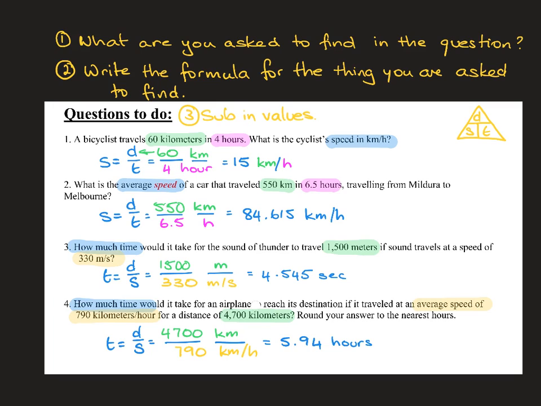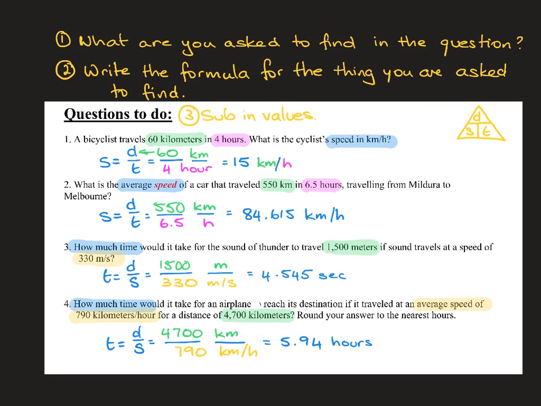In the next video, I'll show you how to do it if they're not, but these ones just happen to be the same. And so they kind of cancel each other out, and you're just left with seconds for your answer.